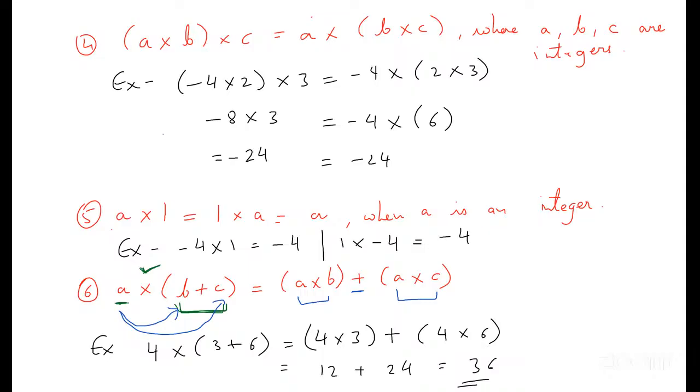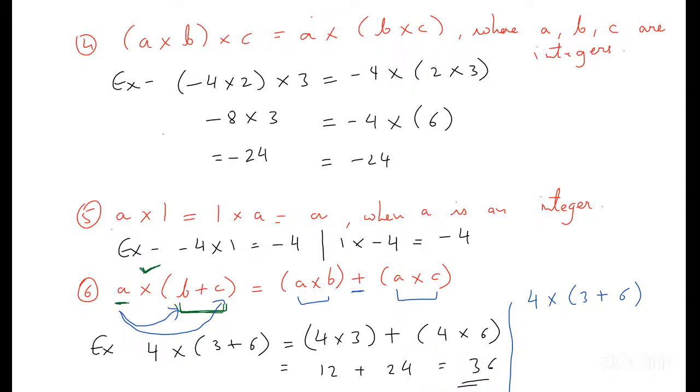36. There is one more method. I will show that to you as well. 4 into 3 plus 6 we have to solve. This is a shorter method. First add what is in the bracket. The rule says that first we add the bracket.